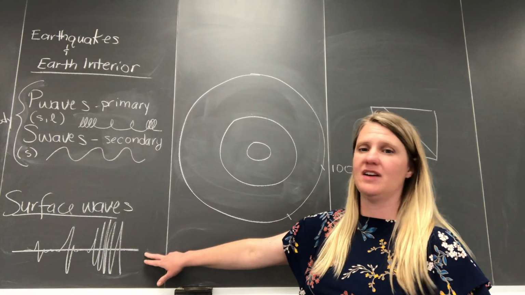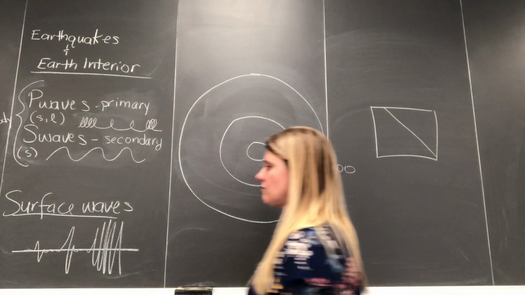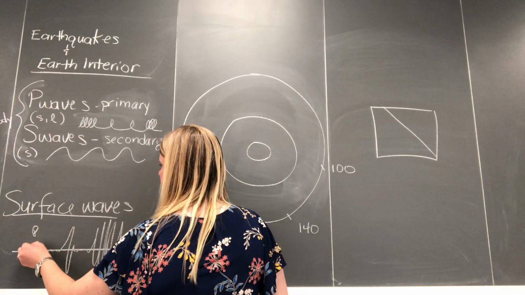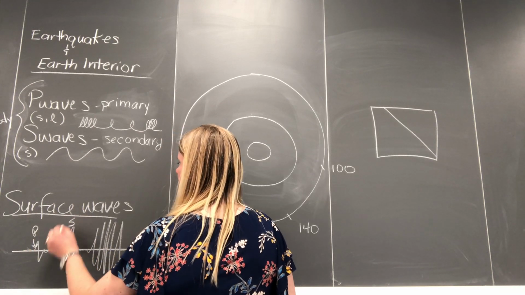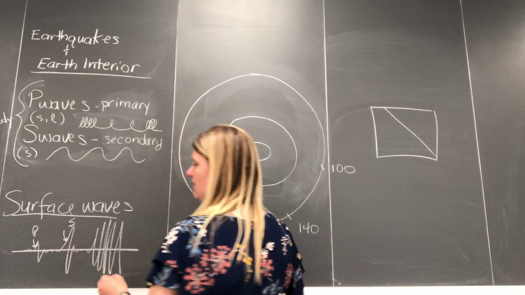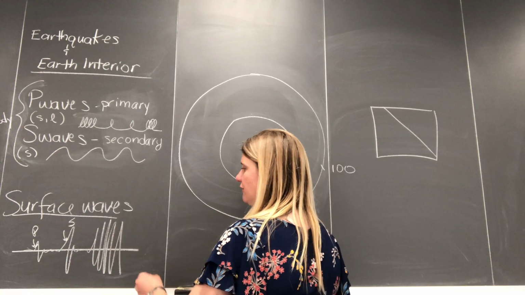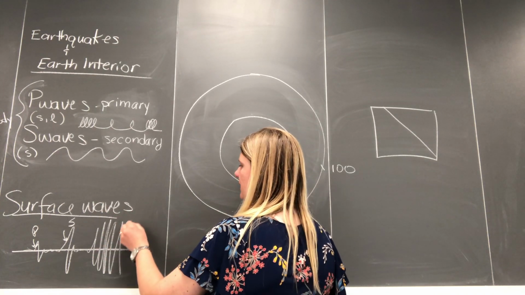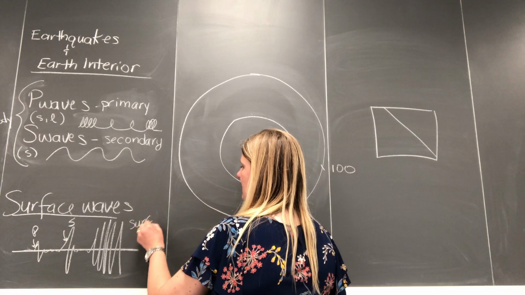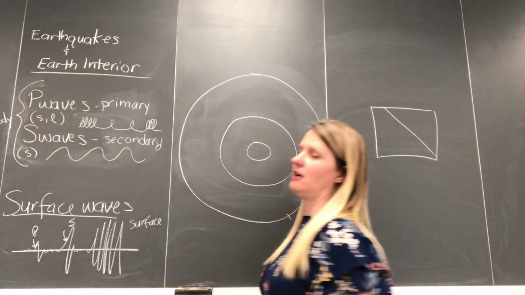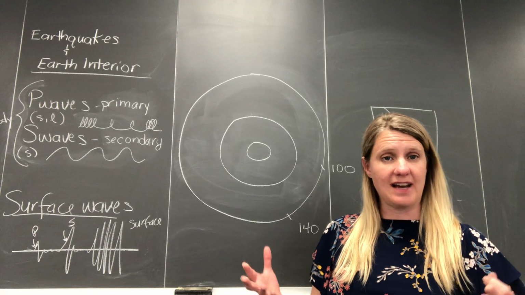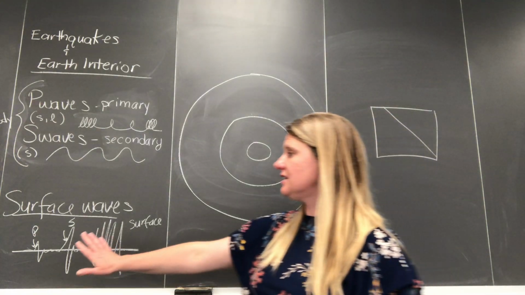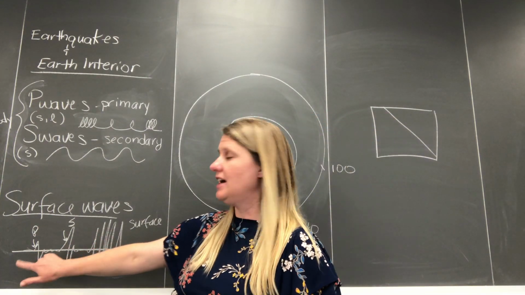When the waves arrive at a seismograph station, the first waves to arrive are always the P waves. The secondary waves are always the second spike on the seismograph. And then the surface waves, the last ones, the ones that are all over the place, those are the surface waves. And when geologists want to determine how far away an earthquake is happening from their station, they look at the lag time between the P wave and the S wave.